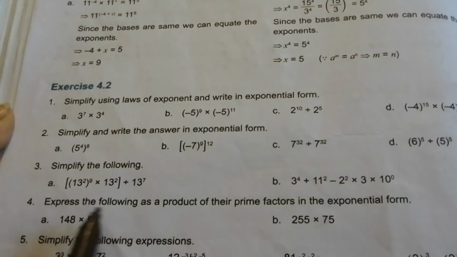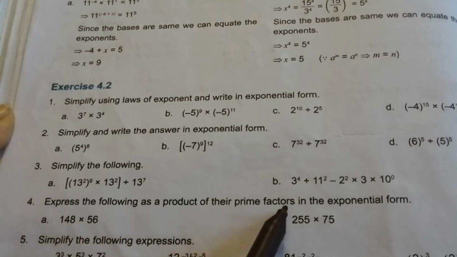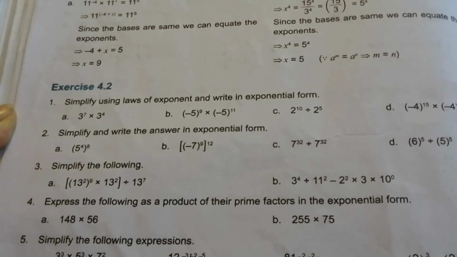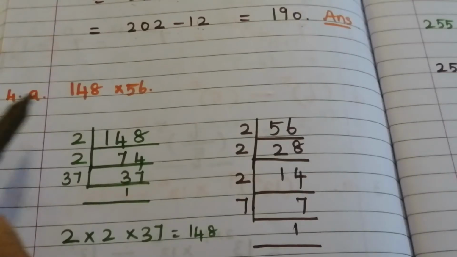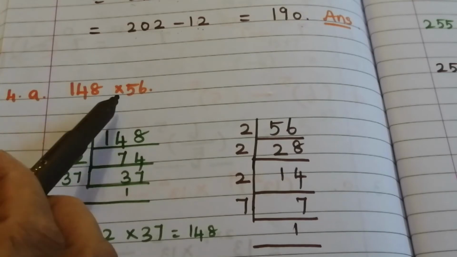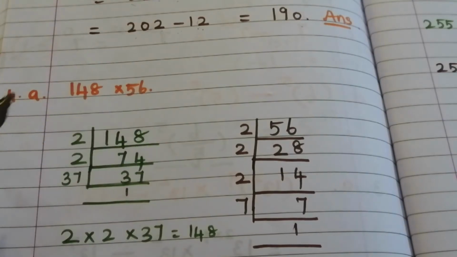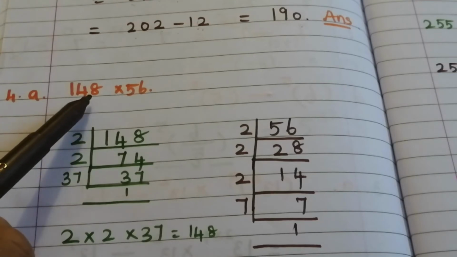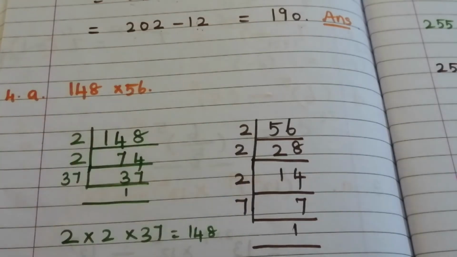And problem 4, express the following as a product of their prime factors in the exponential form. A, 148 into 56. This is the easiest one. We have already done this type of problem in the previous exercise. So first we have to find the prime factors for 148 and then 56.